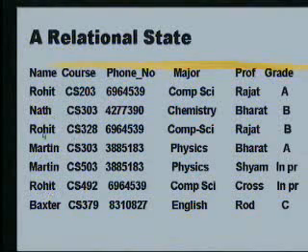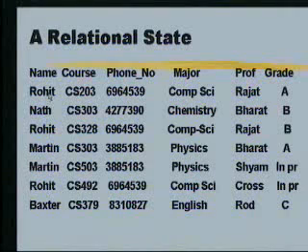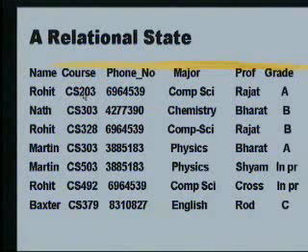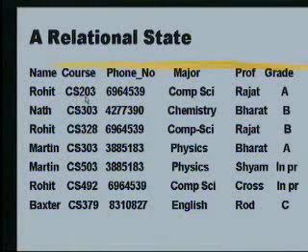Please note one particular thing. According to the constraint, the state of the database should be consistent, in the sense that if the name Rohit appears twice, it will not appear for the same course. It will appear for 3 different courses in this table.